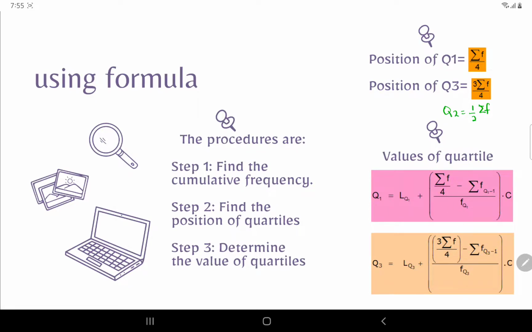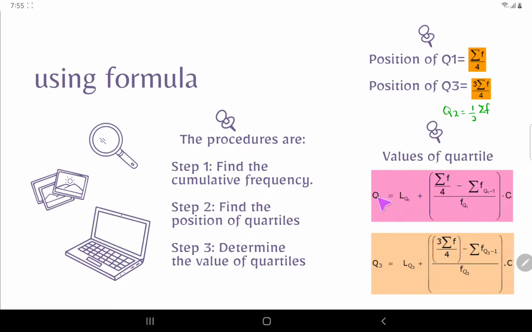That is why we need to find the cumulative frequency here. And then divide by FQ1, the frequency of the first quartile class. Here is the frequency for the third quartile class. And divide by C, where C is the class size.